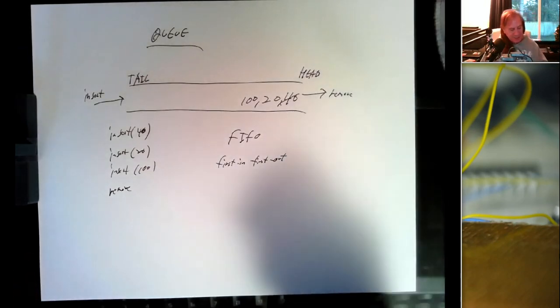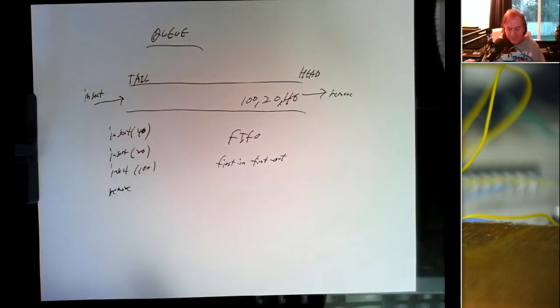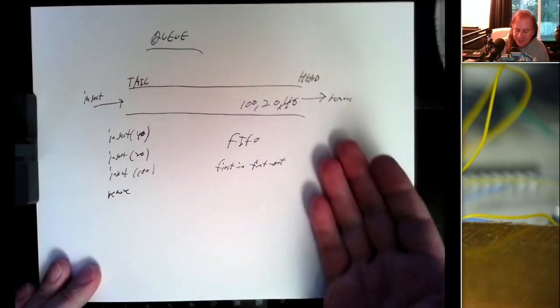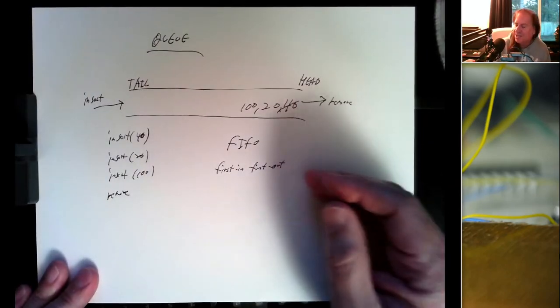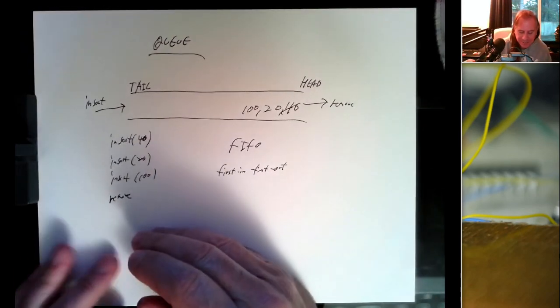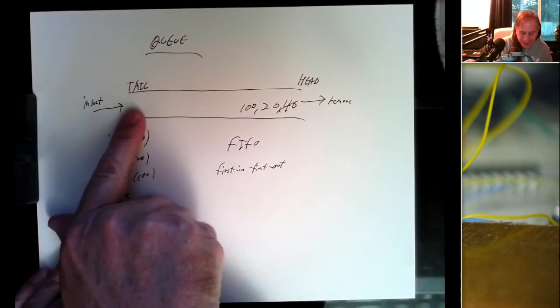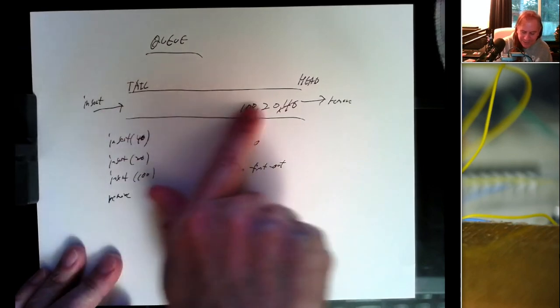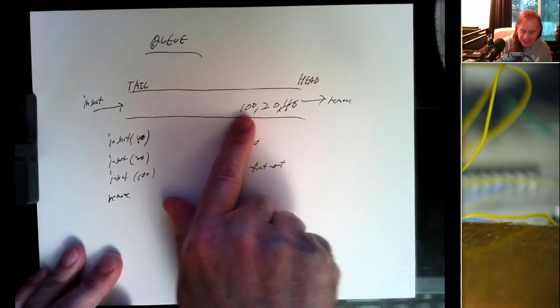The first thing you put into your queue is the first thing that's going to come out of the queue. And this is just like a line. Anytime you line up to get into a movie theater or a club, or trying to get to the cashier in a line at the grocery store, that's what a queue is. People come into the back of the queue, and you move as far down the line as possible.